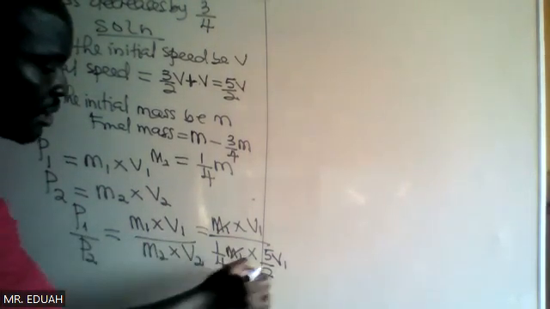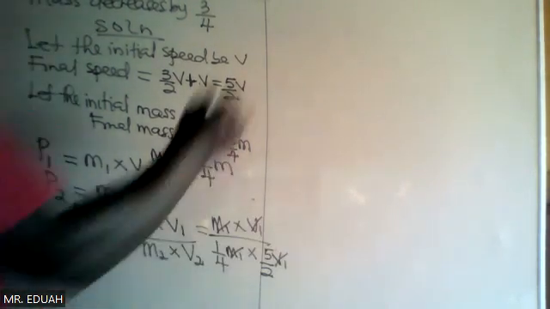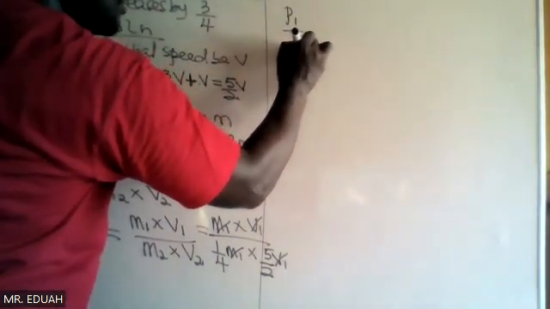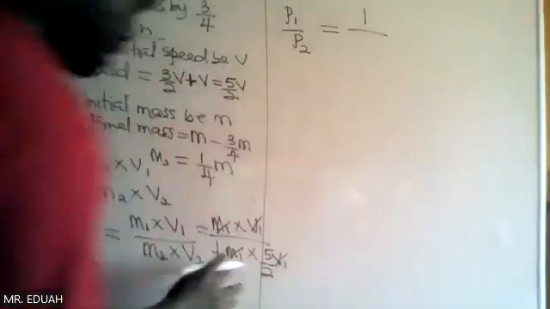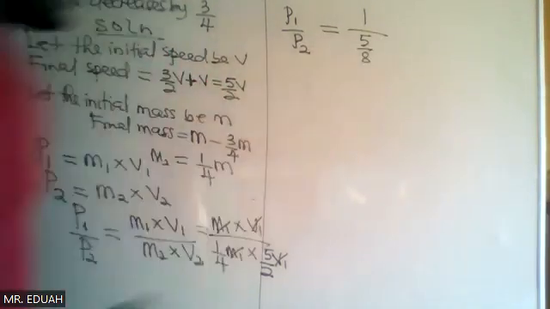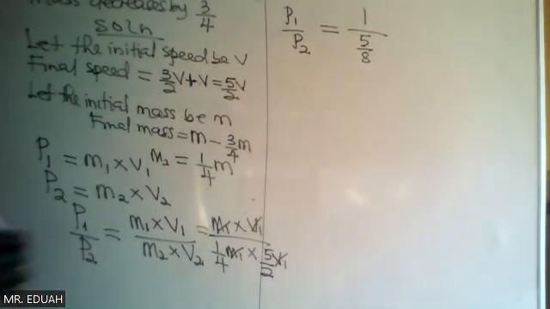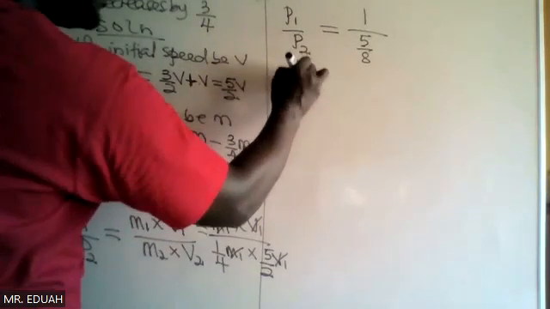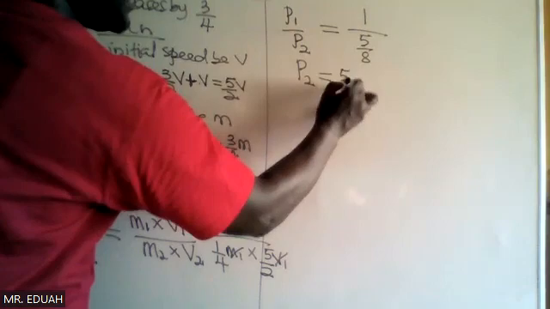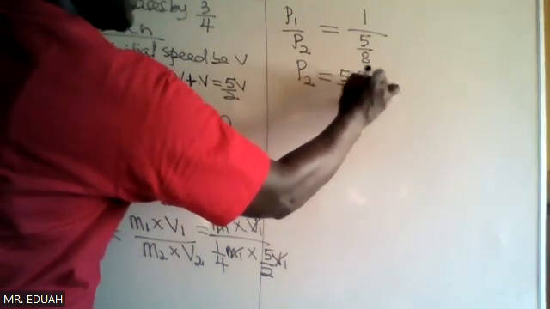So we have P1 on P2 is equal to 5/8. We are looking for P2, so let's make P2 the subject. P2 will be equal to 5 on 8 times P1.